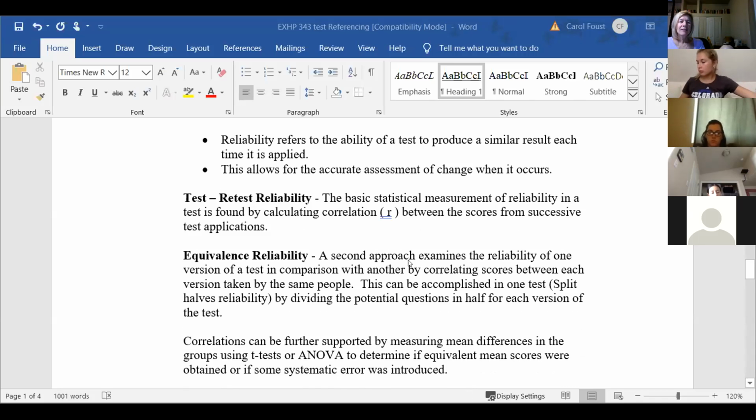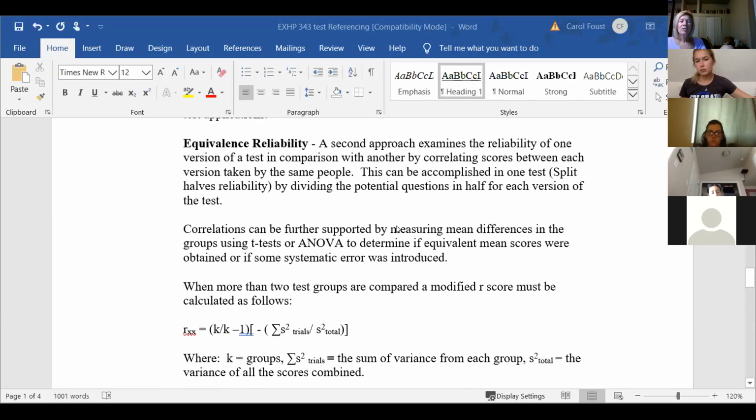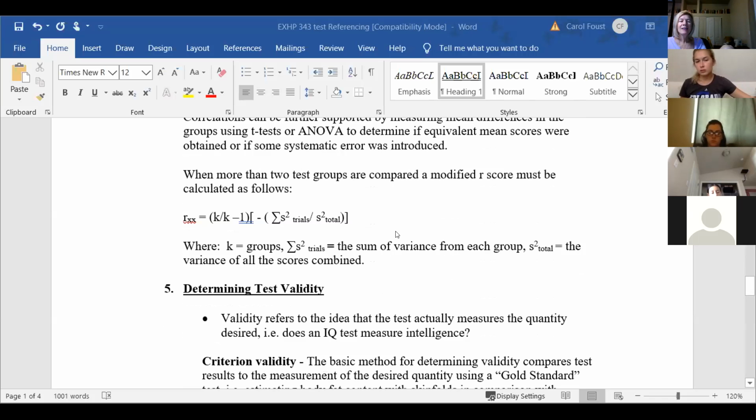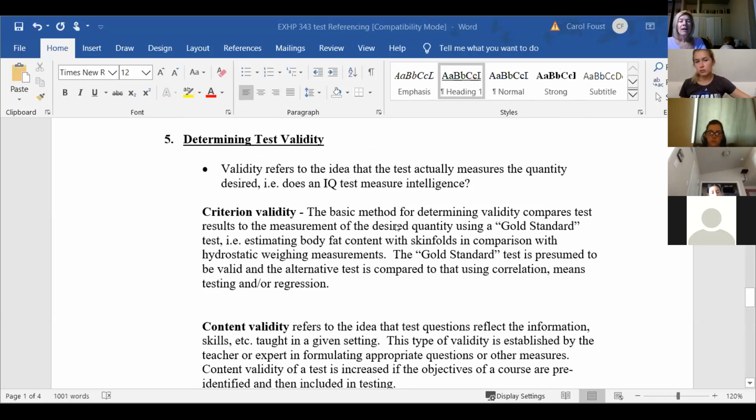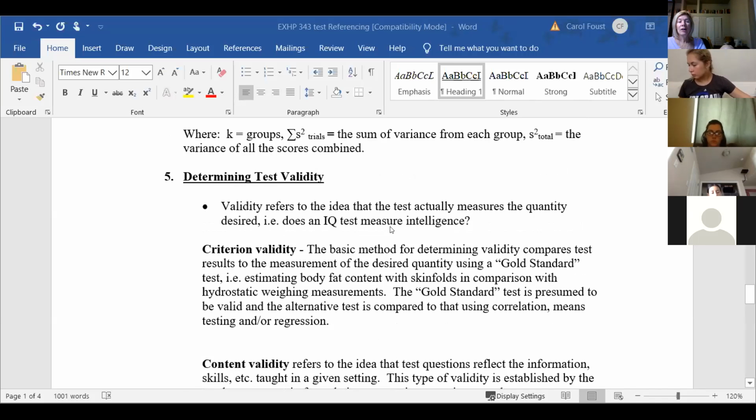Okay, so that's how we're going to see with retest reliability. We're going to calculate the Spearman R to see if there's a correlation, right? And then we're going to try to see also that they're not different, that you can actually look and see if there's that test reliability.